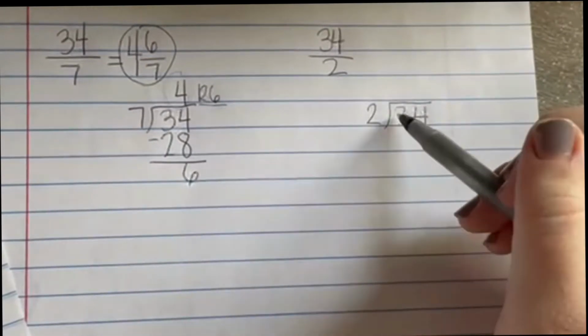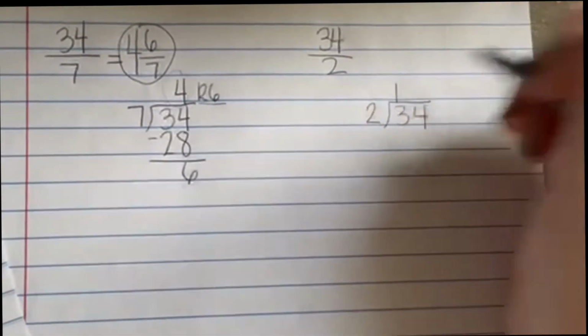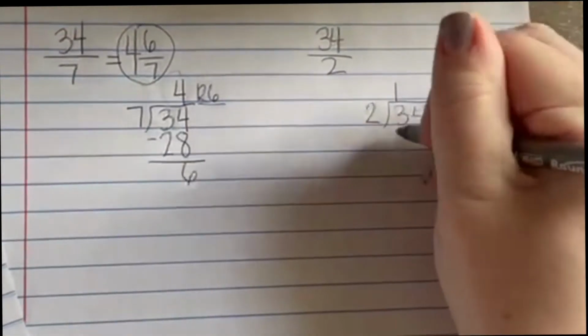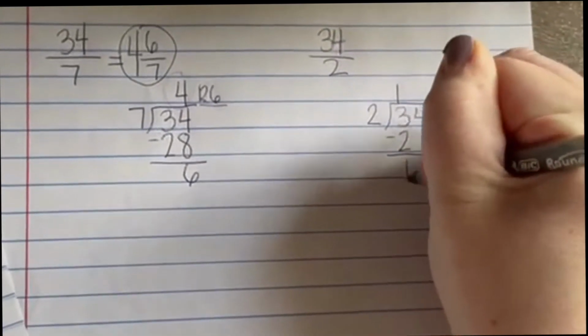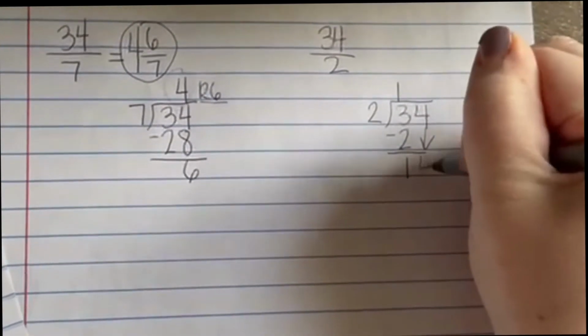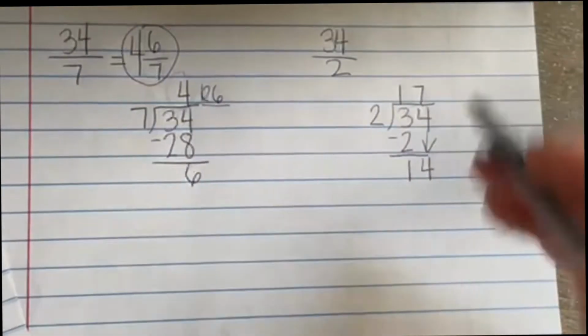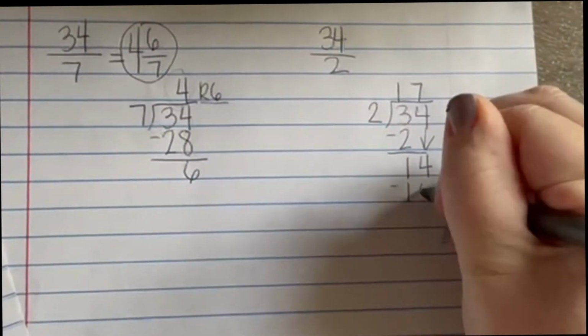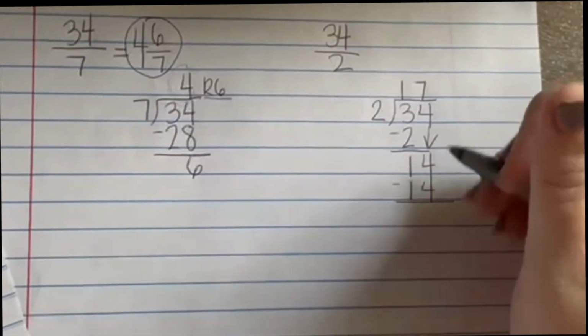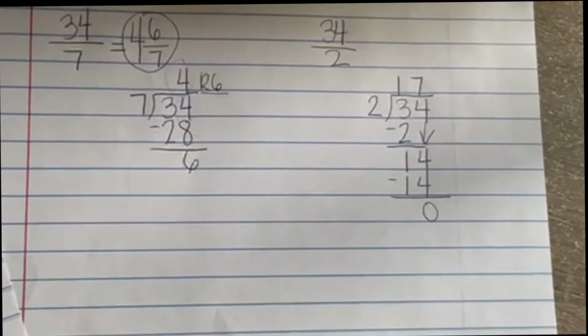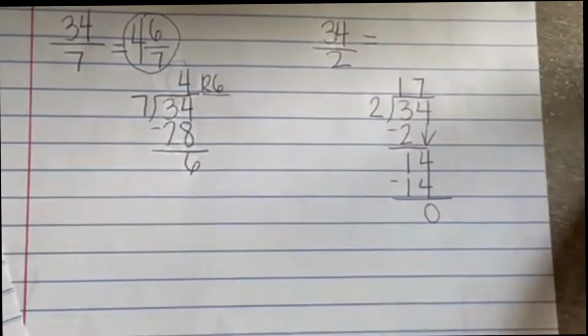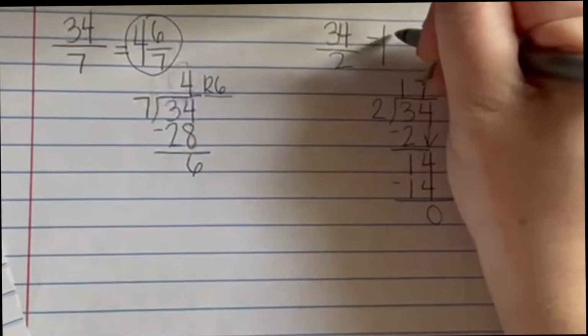So 2 goes into 3 one time. 2 times 1 is 2. Subtract, 3 minus 2 is 1. Bring down that 4. 2 goes into 14 7 times, because 2 times 7 equals 14. 14 minus 14 is 0. So there's no remainder. So that means your final answer is 17.